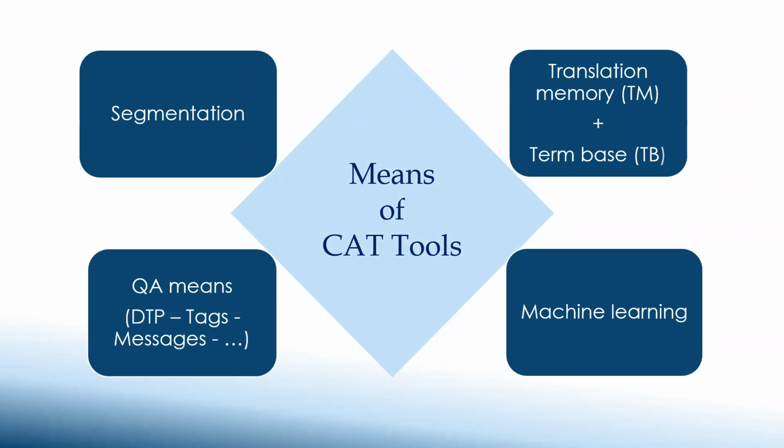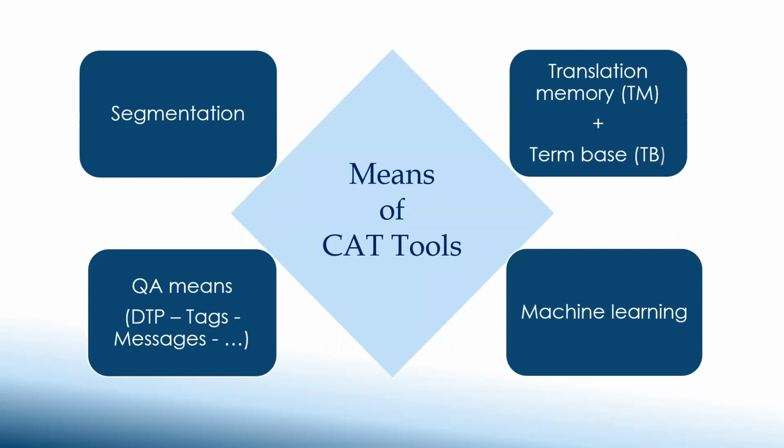First of all, segmentation. When content is transferred from a source file to a CAT tool, it is segmented. It is transferred into segments. The CAT tool will not invent of its own. It will bring the structure of these segments based on the source file.